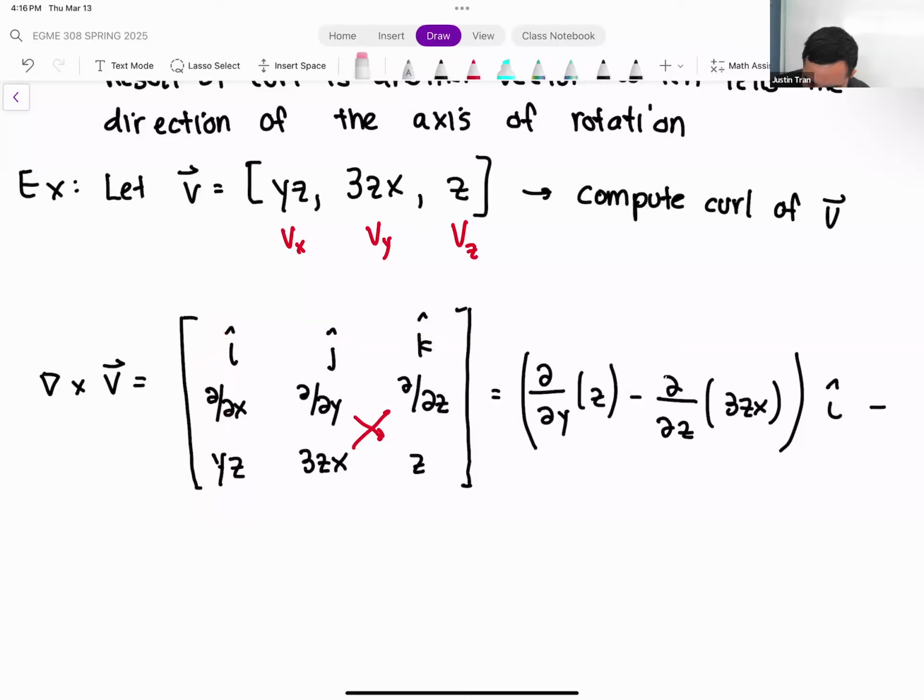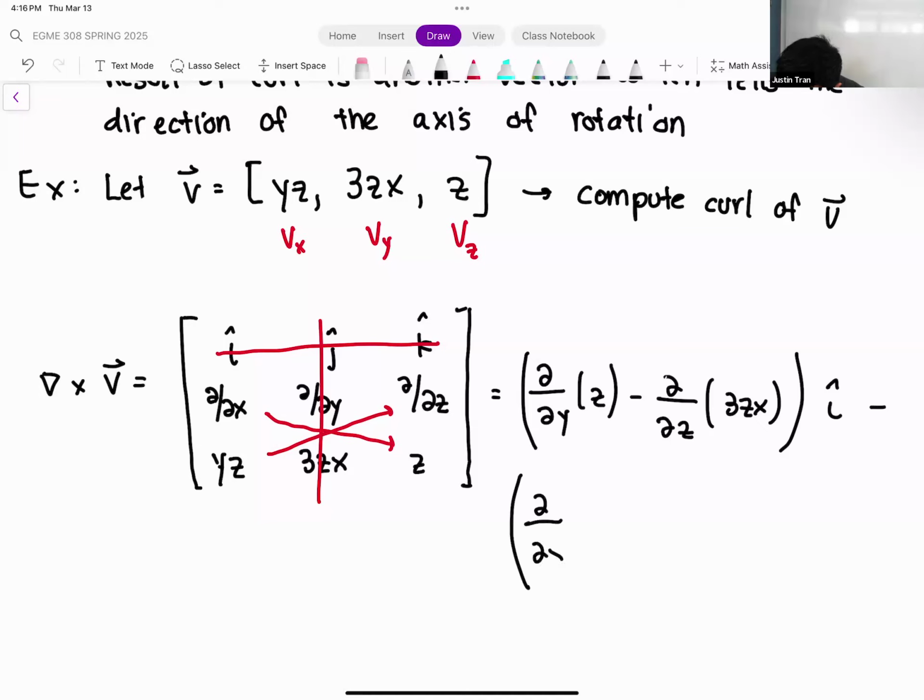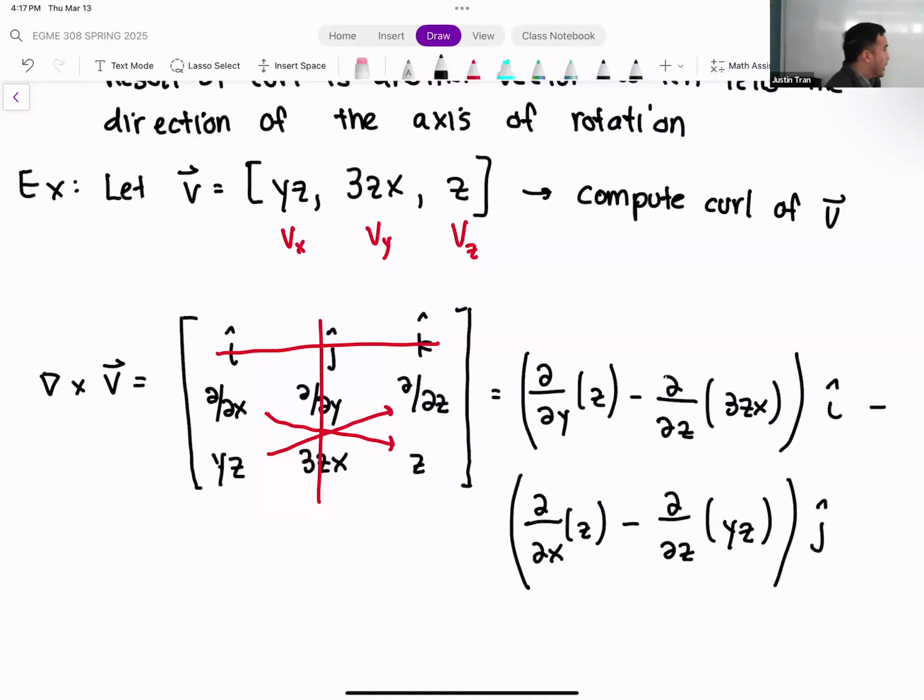Next, we're going to take the middle component. We cross out the first row and the second column, and then take the 2x2 determinant of whatever's left. So this is going to be partial x of the function z minus partial z of the function yz, times j hat.